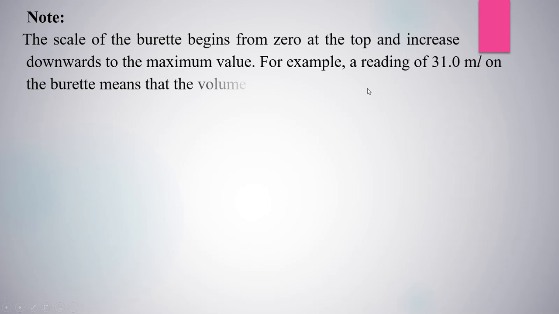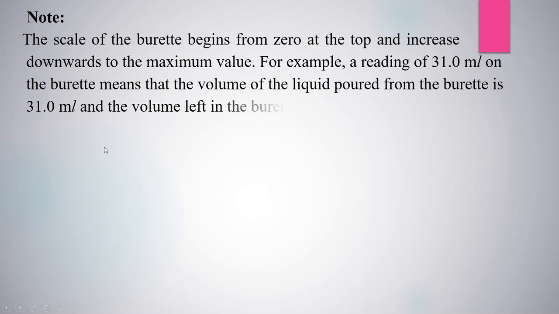For example, a reading of 31.0 milliliters or cubic centimeters on a burette means that the volume of the liquid poured from the burette is 31 milliliters, and the volume left in the burette is 51 minus 31, and we get what? 20 milliliters.